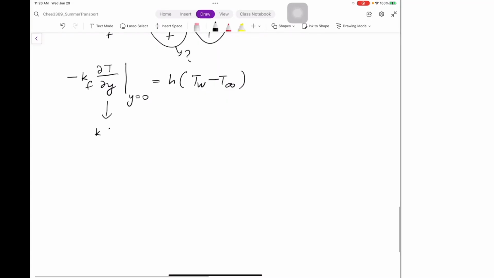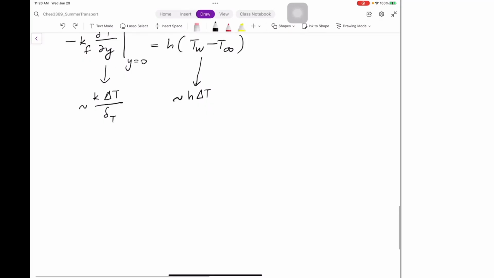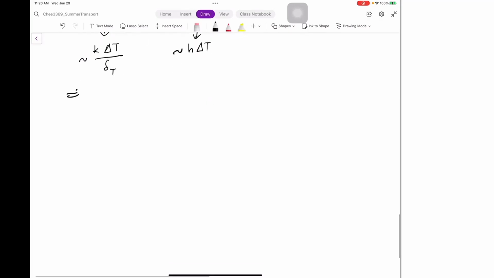This scales with K delta T over delta T, and this scales with H delta T. And then from here, we get H times delta T over K fluid.